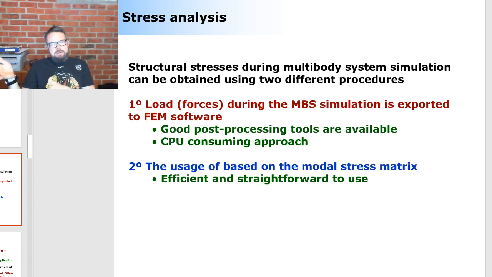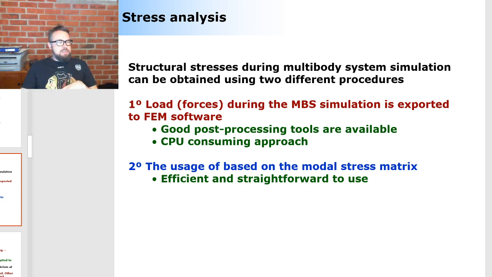But in addition to that, we can also send information about how displacement and strains and stresses are related. That information can be combined into an information package that is exported from the finite element code to multi-body dynamics. And that's exactly what this modal stress matrix approach is about.